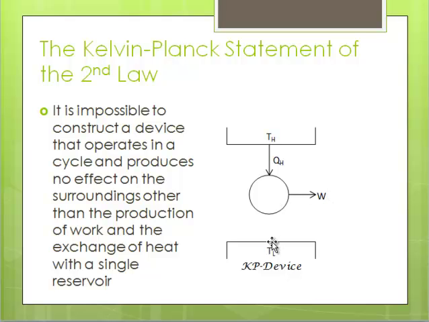I must also have some heat loss. Sure, I could build a device that did this, but it's not going to operate in a cycle. It won't come back to the original state. So my heat engines that produce power will bring heat in, fuel, but they also are always going to have some waste heat.